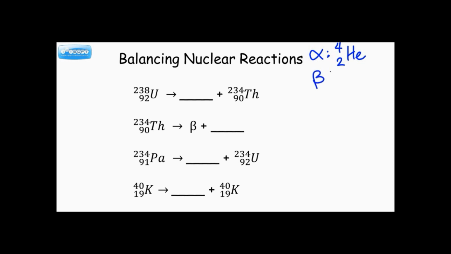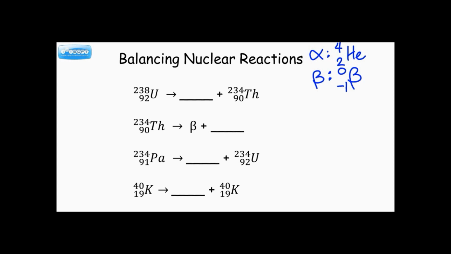Beta decay is the release of an electron. But what happens is a beta particle takes a neutron and creates a proton. So for beta, it changes the neutron to a proton, which means we're losing a proton as a beta particle, but there is no change to the mass or the weight.